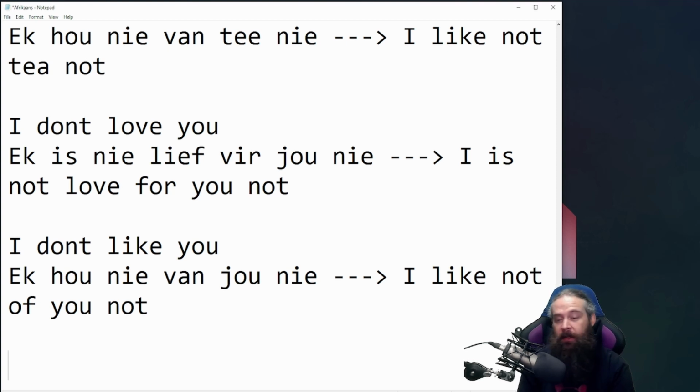If you've got something that you don't agree with in Afrikaans and you want to translate that, remember the double negatives. Now, I don't know the rules of how this works, okay? It just does. I just know where to put the knee, you know?